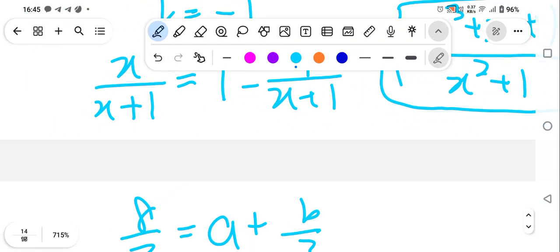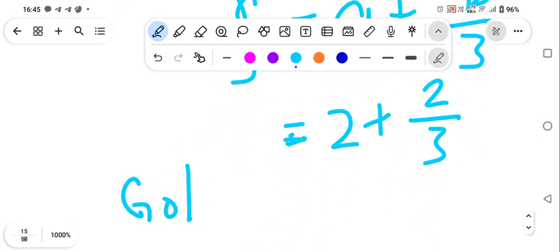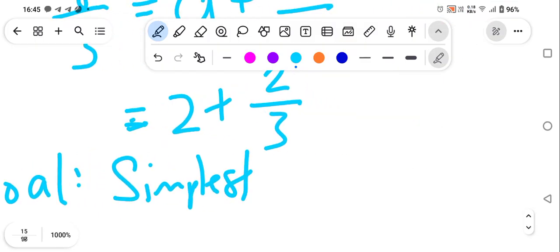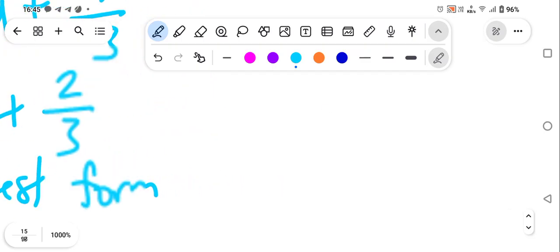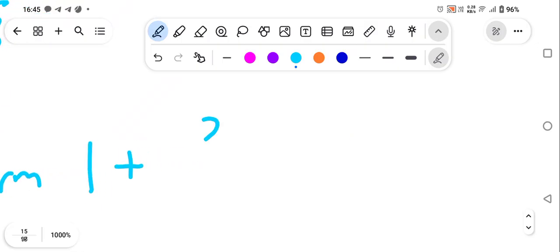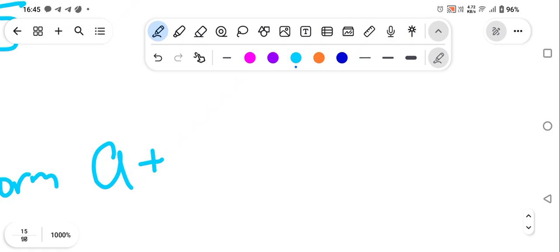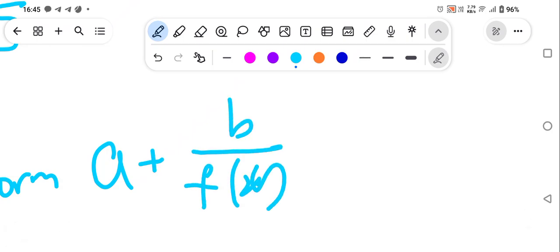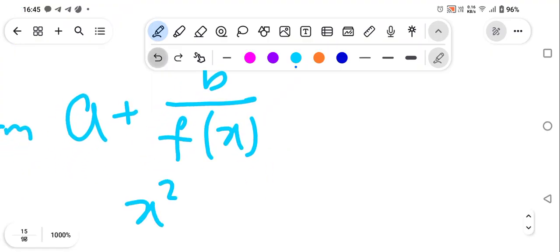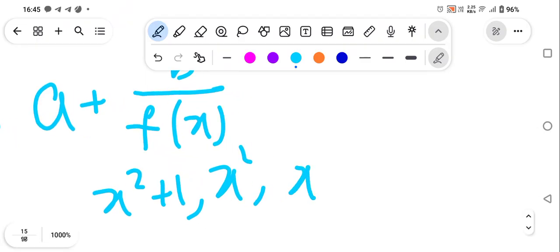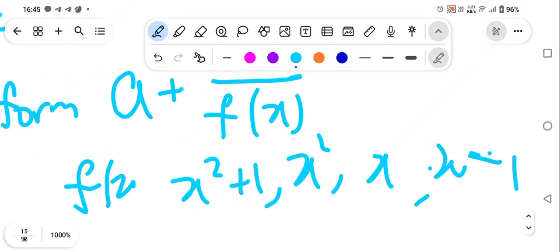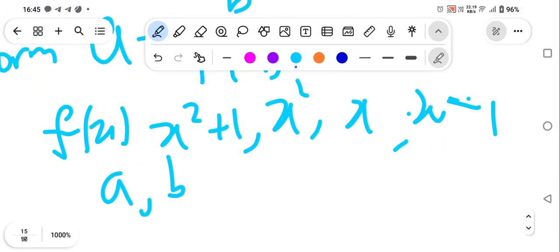So we know that our goal, so we know the simplest form is when we have some integer and then also some integer, then f(x) is something you call, well, whatever, x squared plus 1, x squared, x minus 1, whatever, anything you can imagine, as long as a, b are integers.